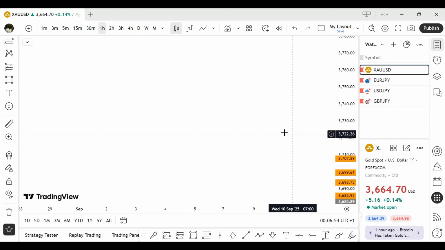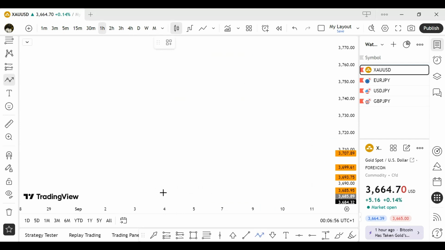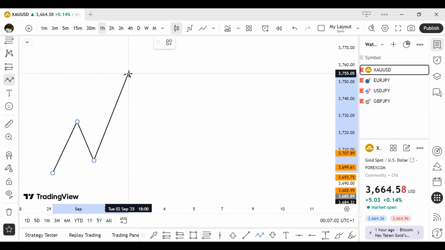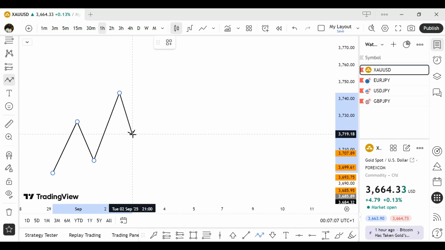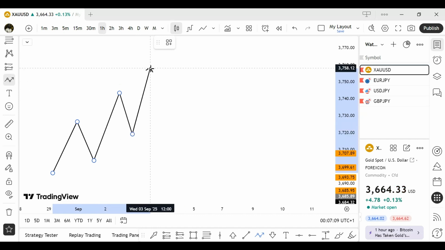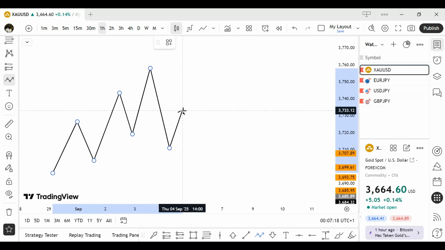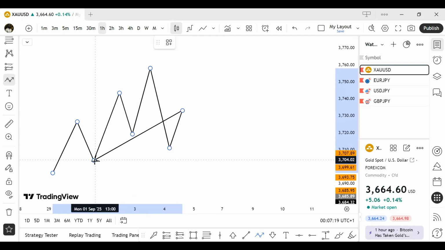Now, let me explain. Let's say, for example, market is giving us a series of higher highs, higher lows, higher highs, higher lows, right? And then higher highs. And then market eventually will change direction to a bearish trend or a reversal. Then market came back to our order block here.